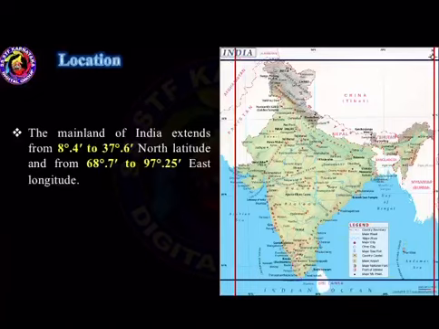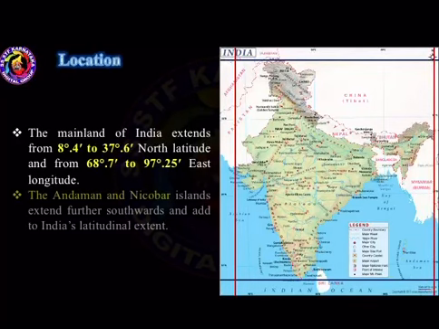Its location is 68 degree 7 minutes east. And towards Assam, we have another line which has a location of 97 degree 25 minutes east. So this is the latitudinal and longitudinal extent of India.